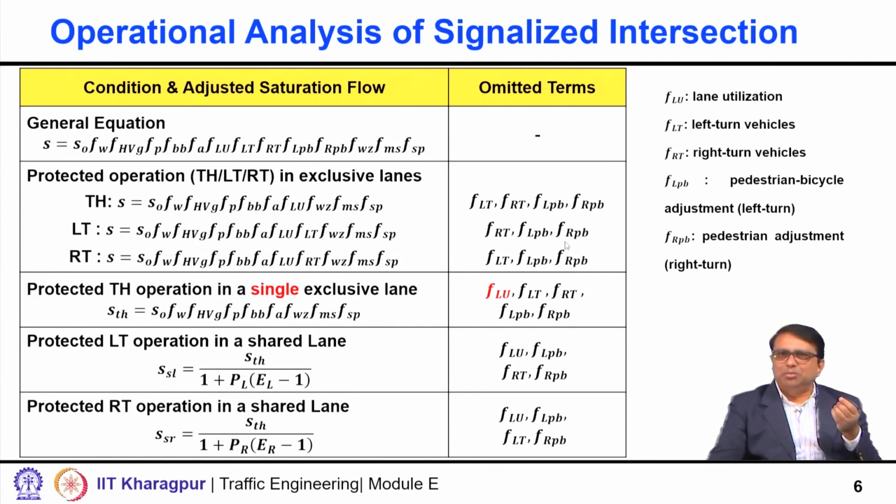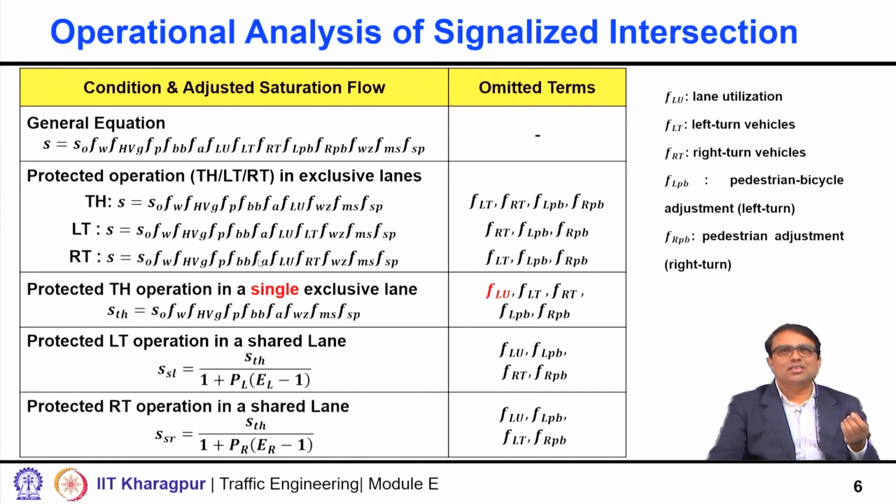Similarly, the right turn pedestrians also will not be required, and since it is protected operation as well, I have written exclusive lane but also protected operation. So, once it is protected operation, the left turning pedestrians will also not be a factor. So, these factors will get omitted from the generalized equation to get the protected operation left turning in an exclusive lane.